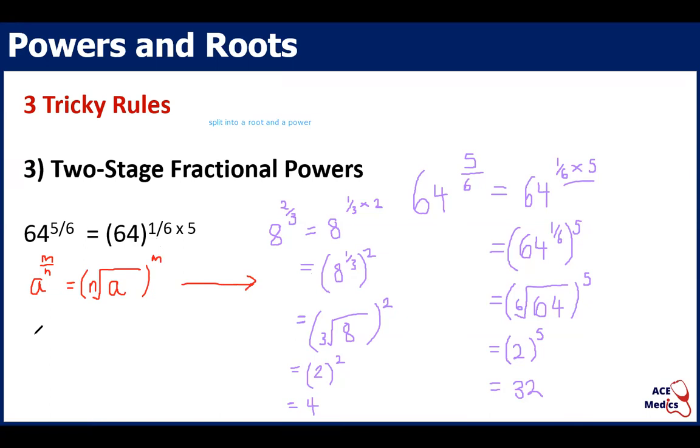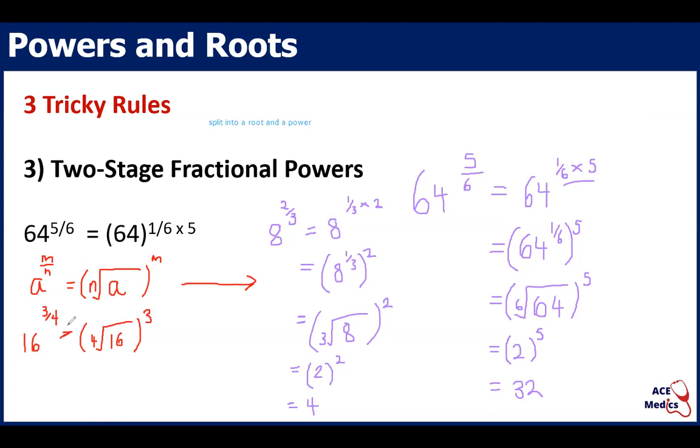So if we had, I don't know, say 16 to the power of 3/4, our 4 is our n, so that's going to go here, the 4th root of 16, and then our m is our 3, so that's going to go up here.